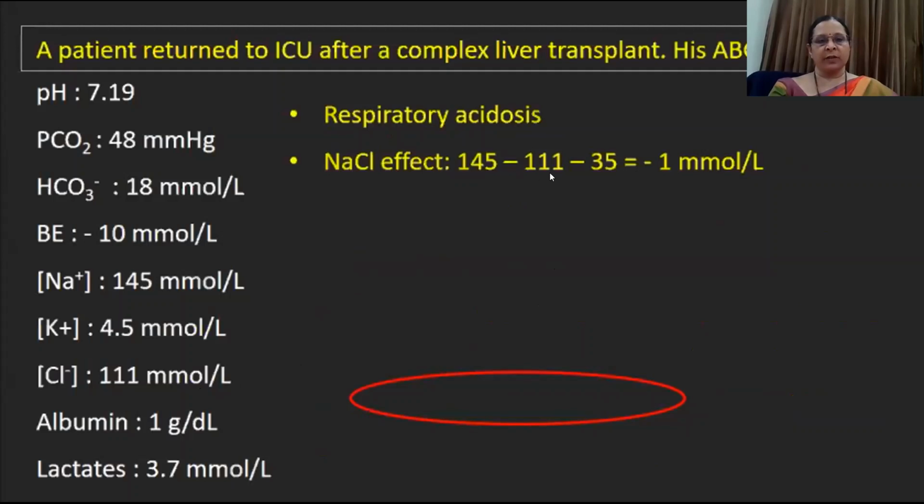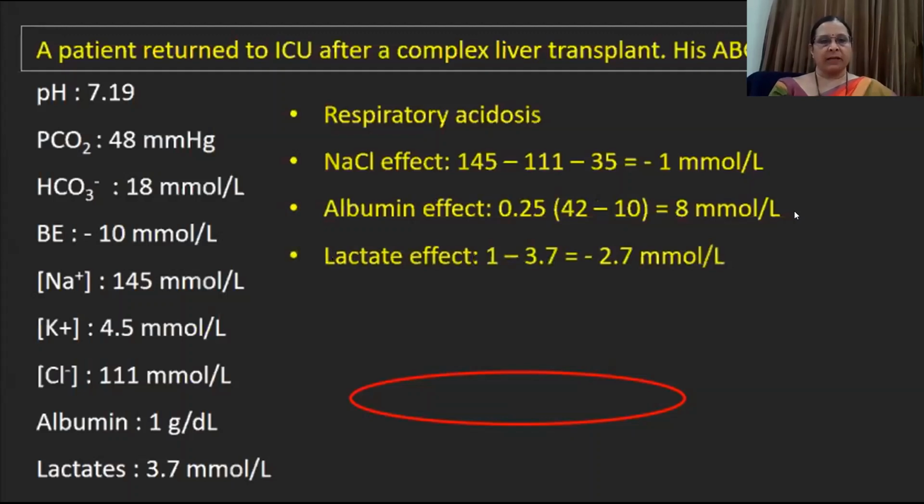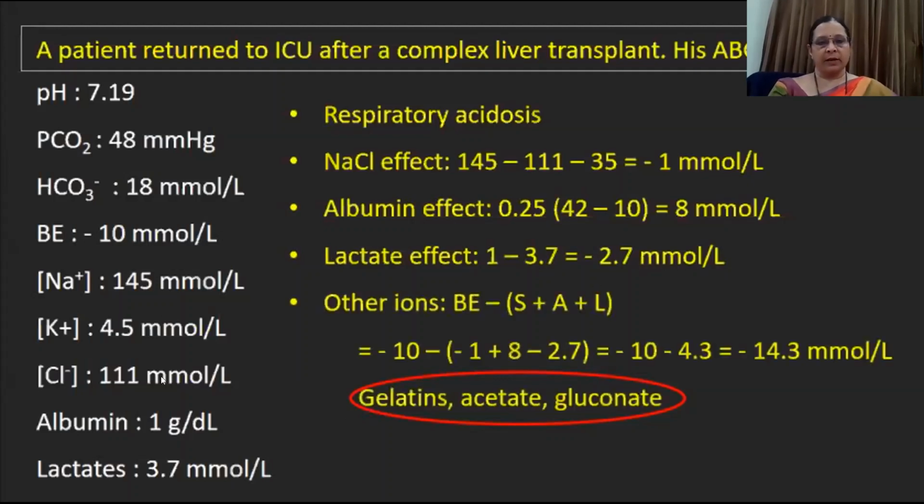So 145 minus 111 minus 35 is minus 1 millimole per liter. Albumin effect, we calculate, we get 8 millimoles per liter. Lactate, we calculate 1 minus 3.7, so minus 2.7. And other ions we calculate, we get minus 14.3 millimoles per liter.